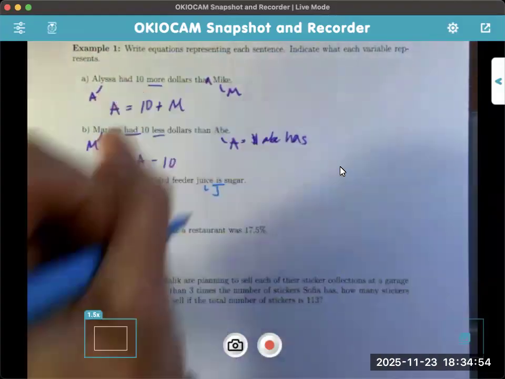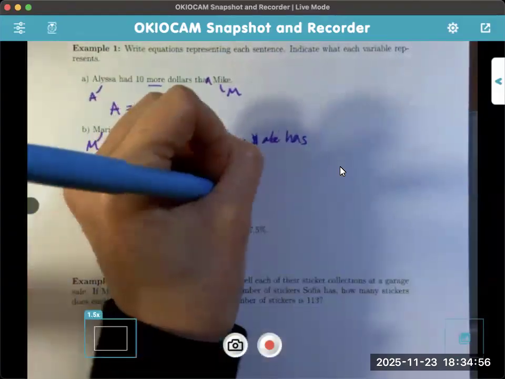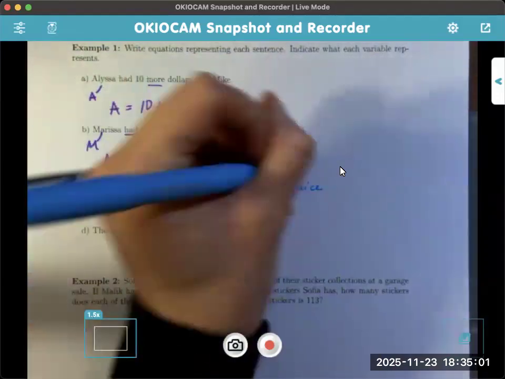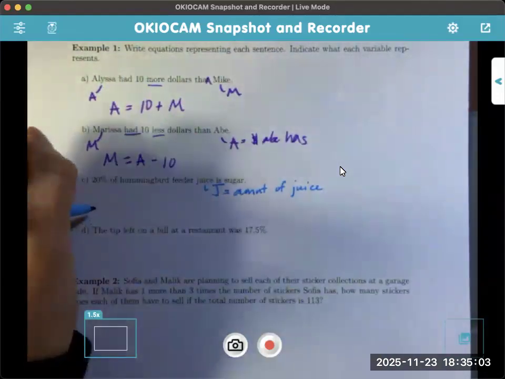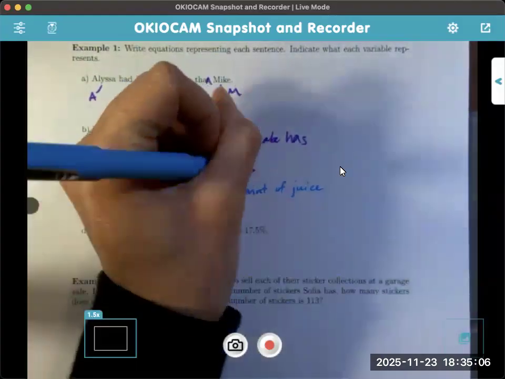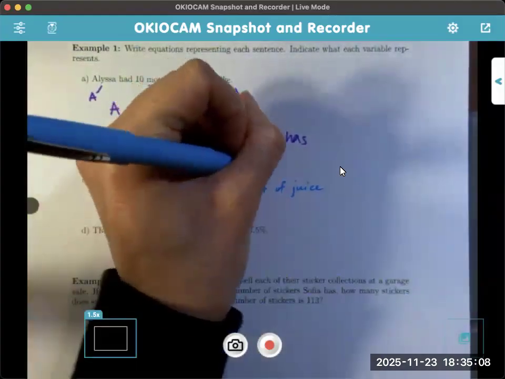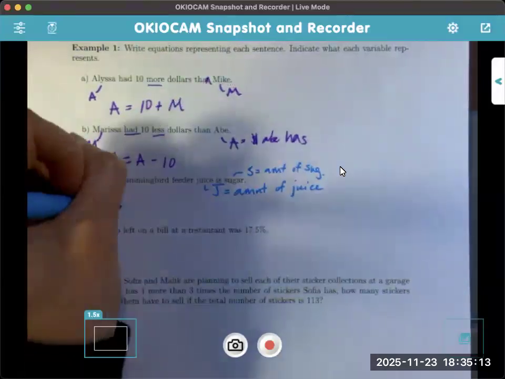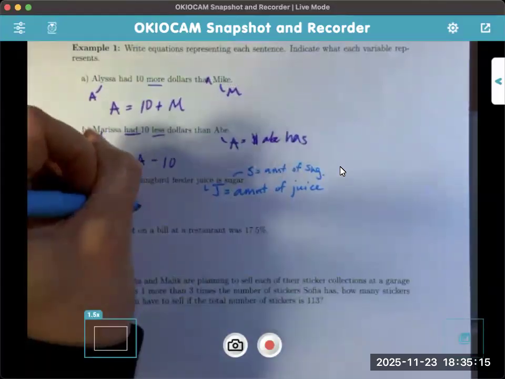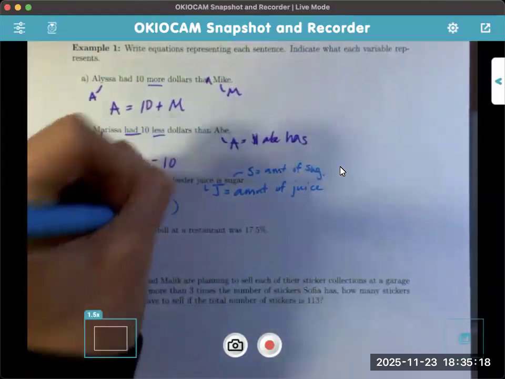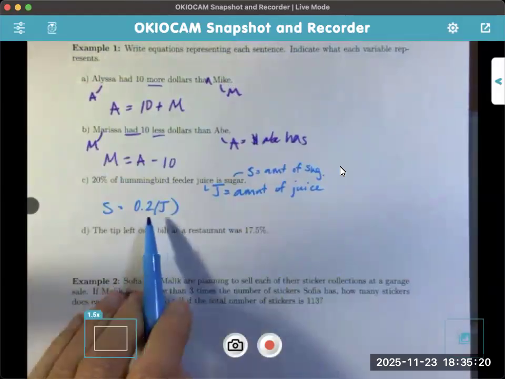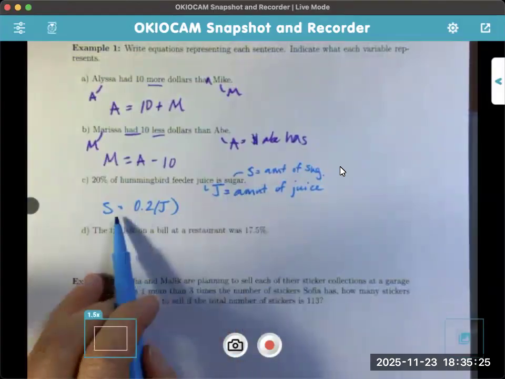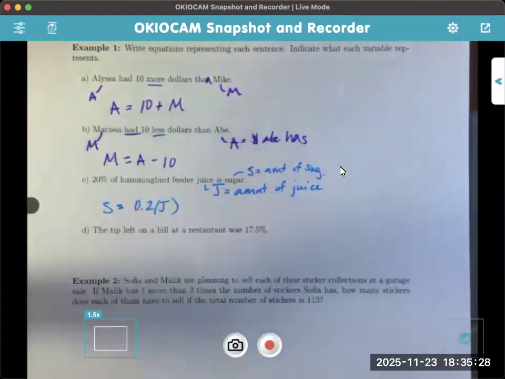If we say J is the amount of juice, and S is the amount of sugar, then S is equal to 0.2 times J, right? Because 20% of the juice is sugar. Is, again, is sugar, is equals to S.